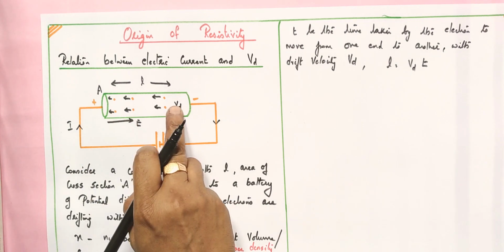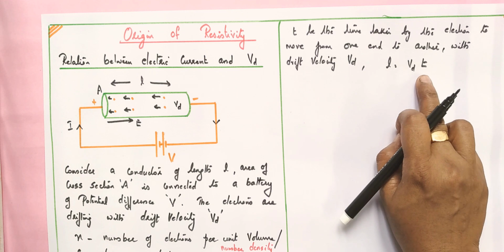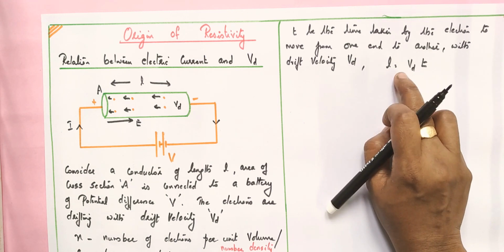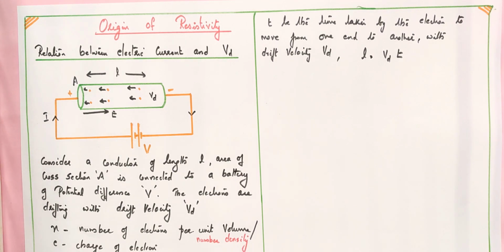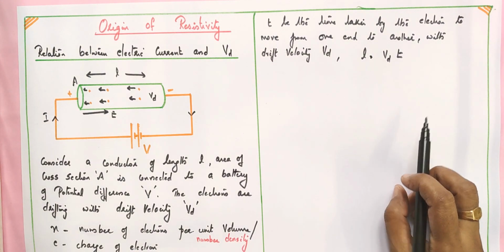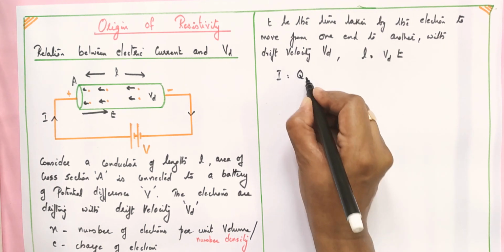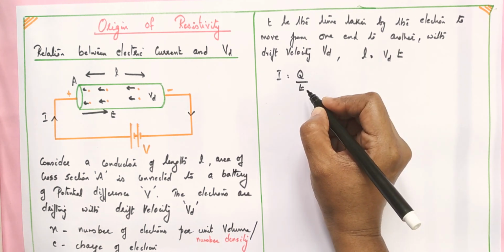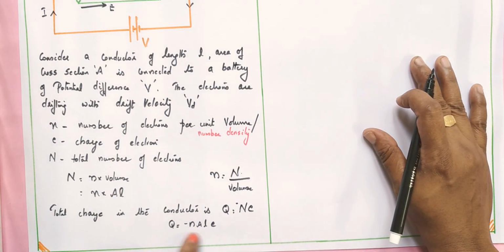So length is equal to velocity into the time taken by the electron to move from one end to another, which is given by t. So L is equal to Vd into t. Now we know that motion of charge inside the conductor produces electric current. So electric current is given by charge divided by time, equal to charge, which we have derived as minus n A L e.